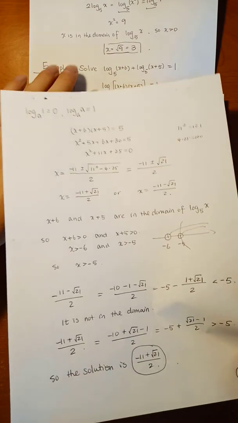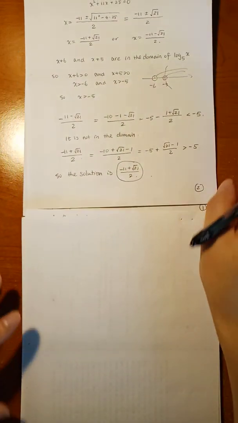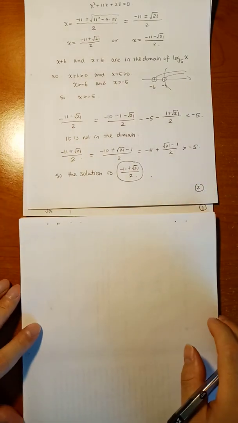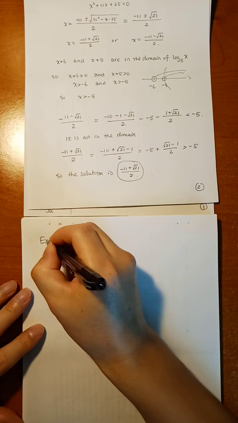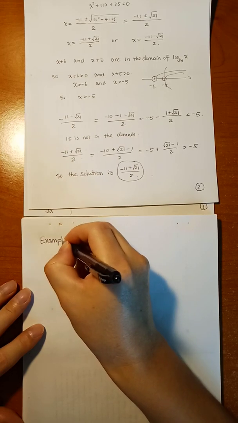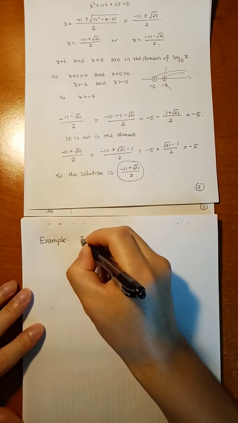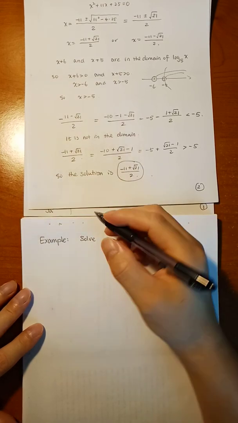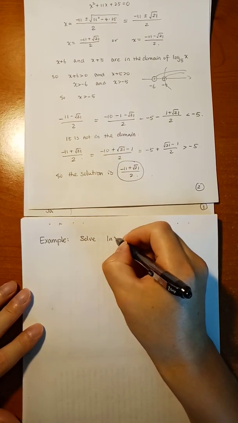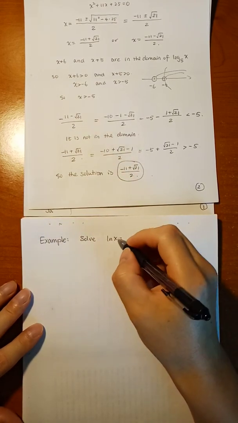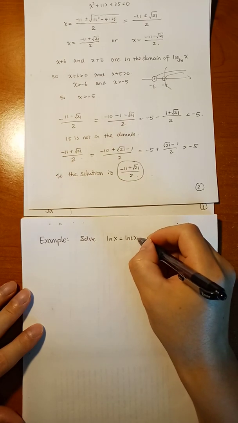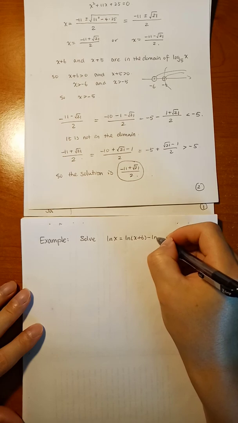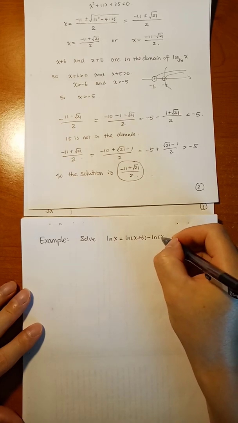Next. Solve natural log of x is equal to the natural log of x plus 6 minus the natural log of x minus 4.